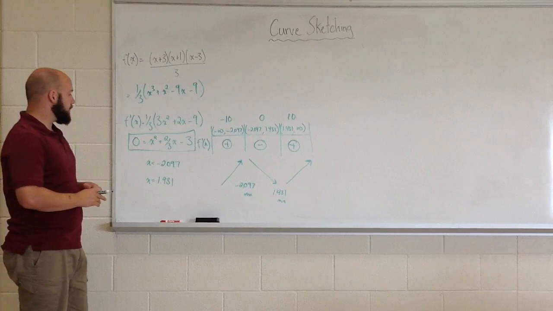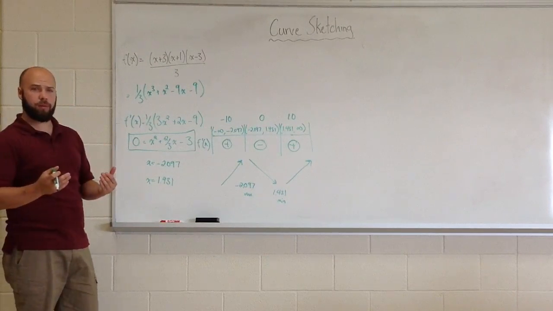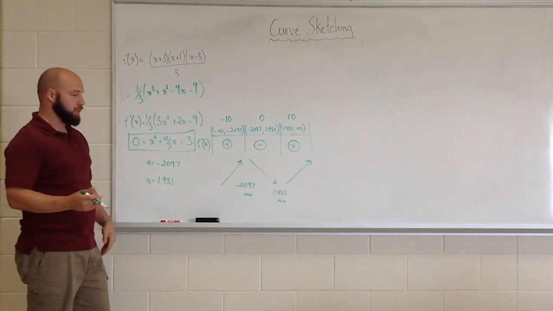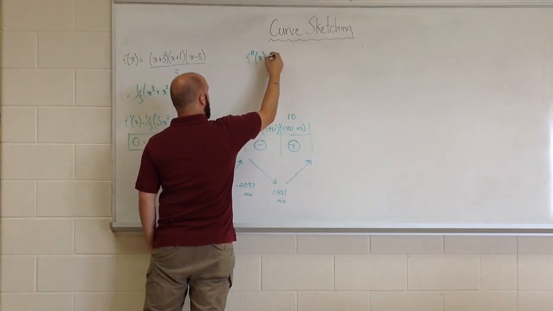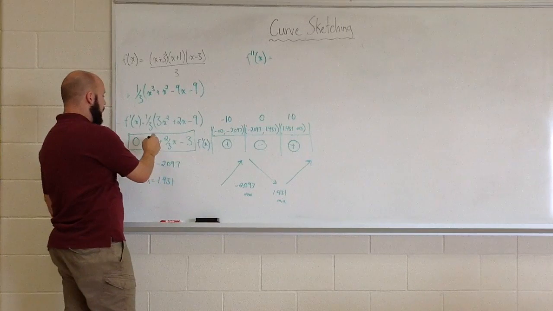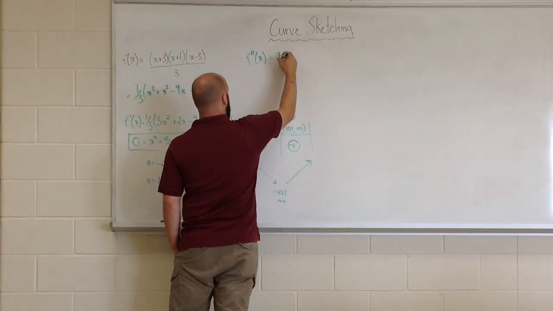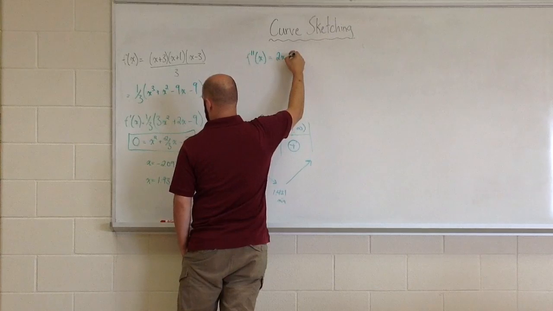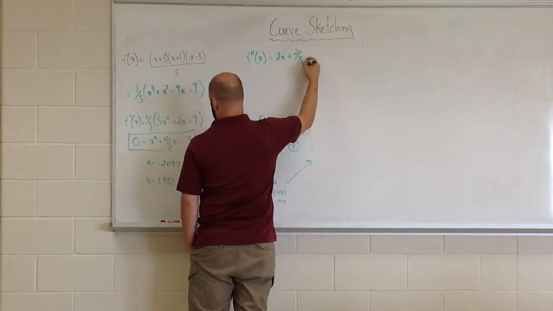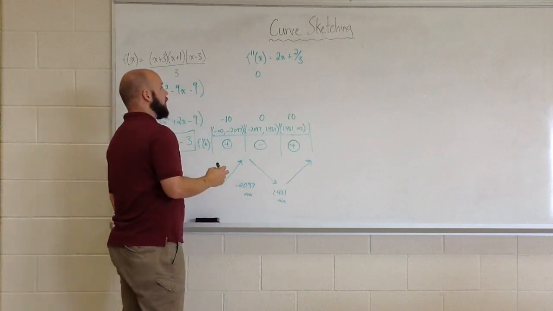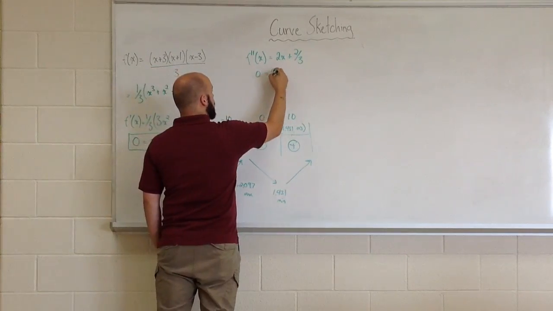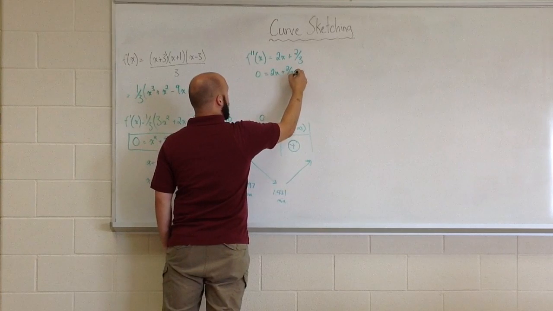The next step says we need to set the second derivative equal to 0 to find the inflection points. So let's take the second derivative here, f double prime of x. We're going to have 2x plus 2 over 3. Set that equal to 0, and we're going to have 0 equals 2x plus 2 over 3.